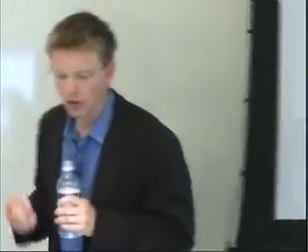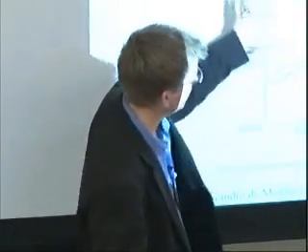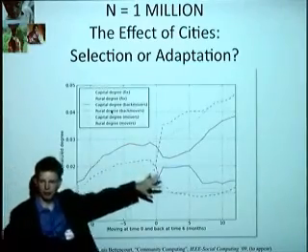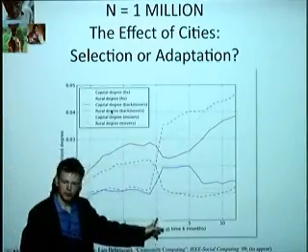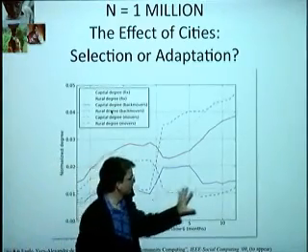Another question we wanted to ask was about the effect of cities. I should spend a little time explaining this graph. These are all individuals who move from a rural area into the capital, and they move at 0. They spend time in the rural area here, and then they move to the capital.